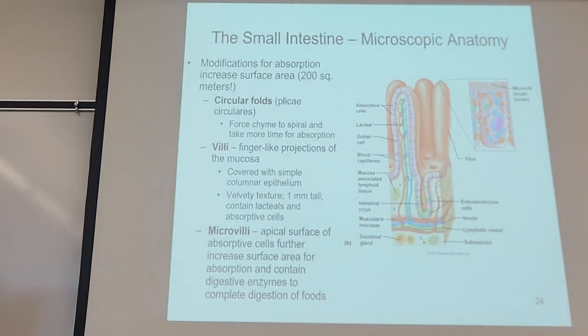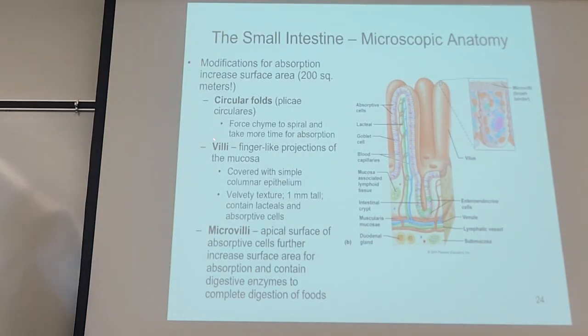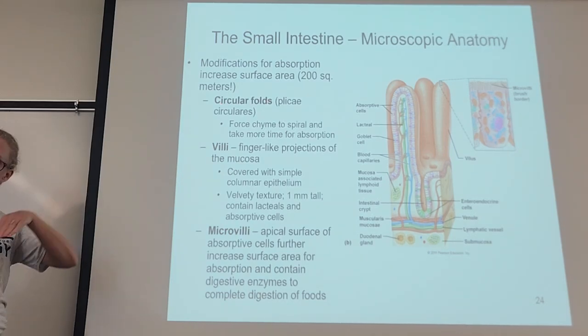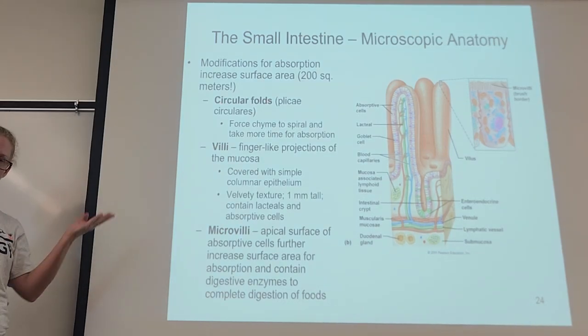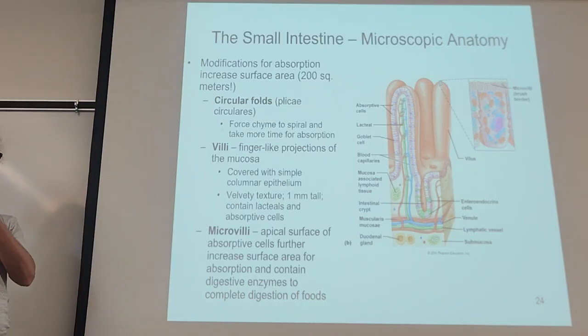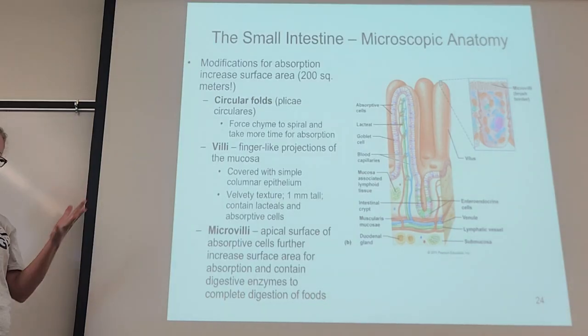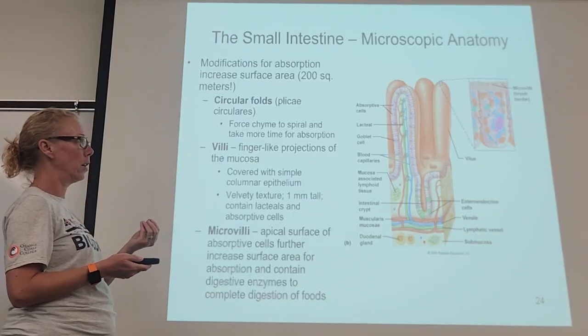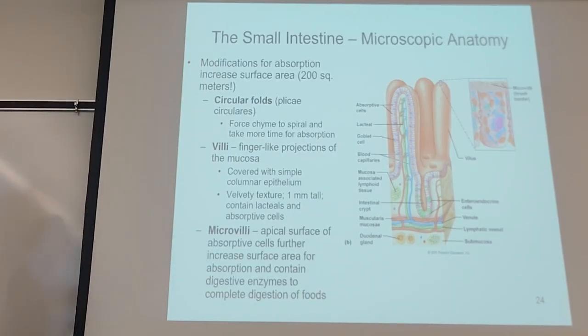inside the small intestine, okay, you have circular folds, which are similar to the inside of the esophagus, where it's just these circular folds of tissue, and you've got epithelial tissue lining the inside. Okay, so food and liquid, chyme, if you will, because it's coming from the stomach, is going to come in contact with that epithelial tissue.